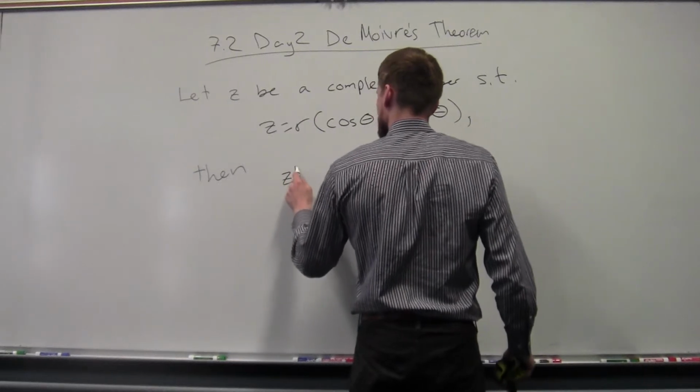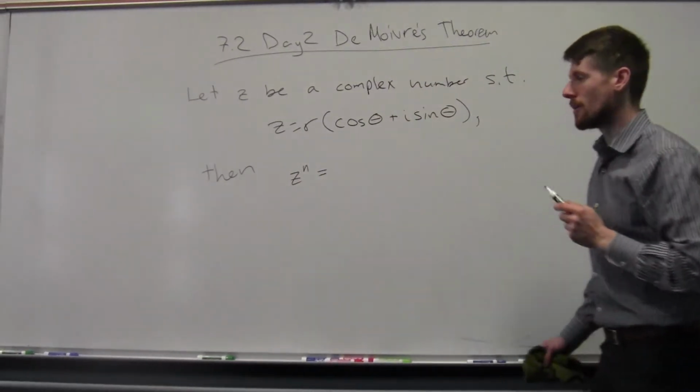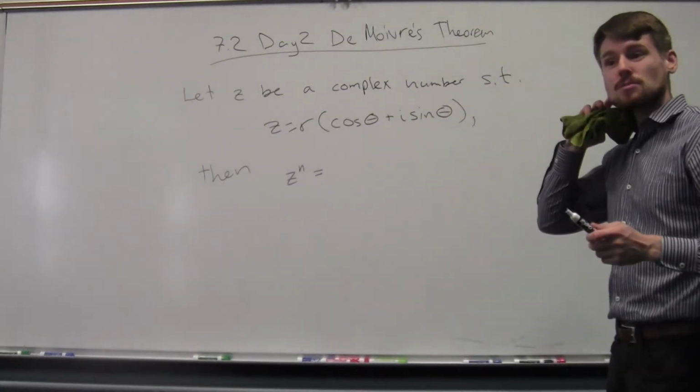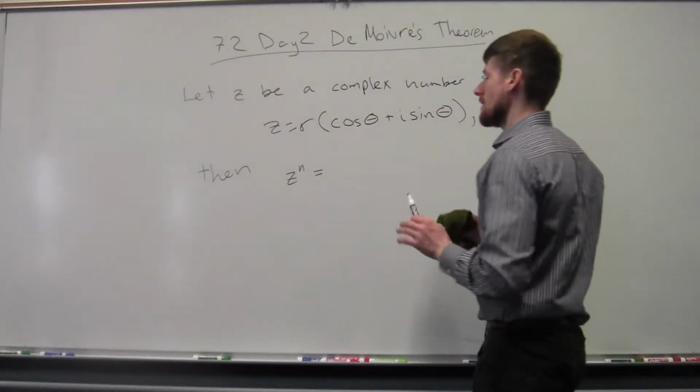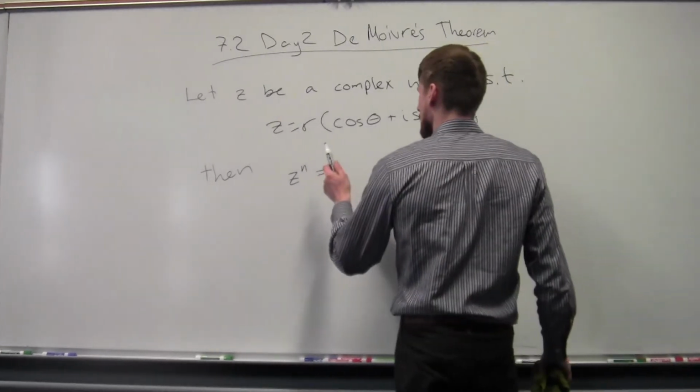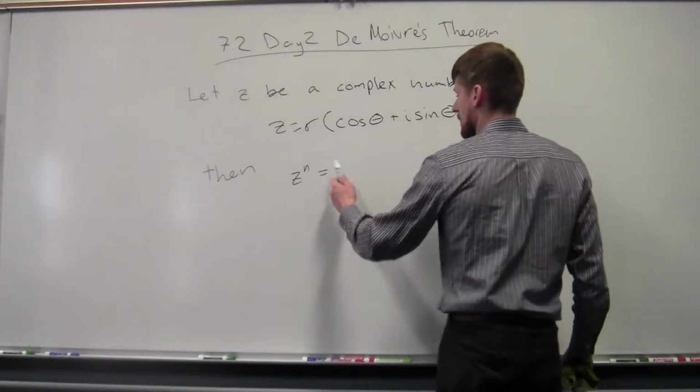if we raise z to any power, any integer power actually, it was proved later on that it works for any number. It doesn't have to be an integer, but let's just pretend n is an integer for now, that this power is an integer.